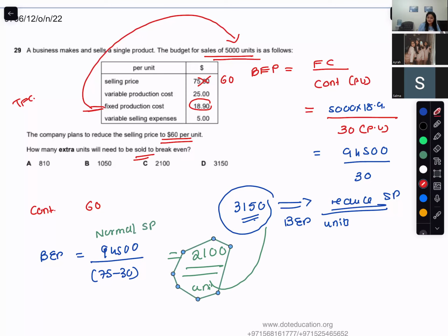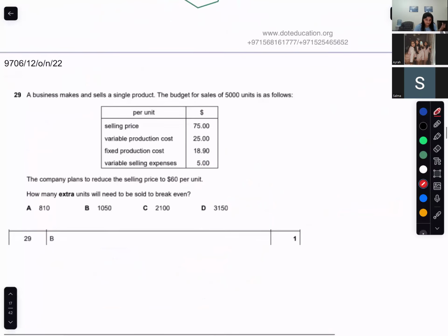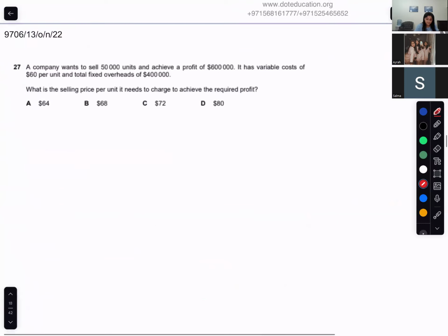When you reduce the selling price, you are doing break even at 3,150 units. So the extra units that you need to sell would be 1,050. It will be option B. Read the next question. Option B, right?